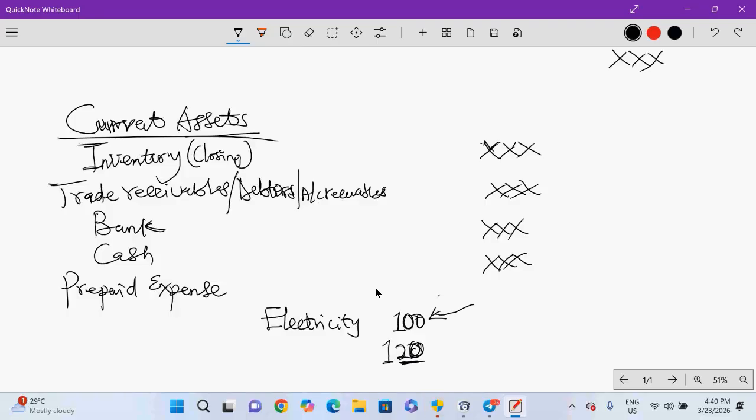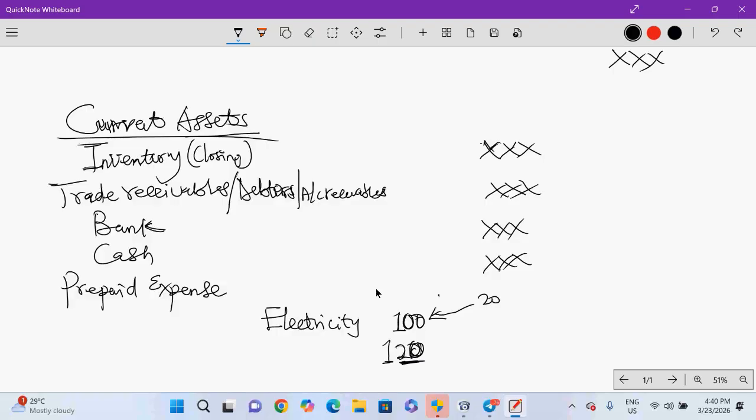You are supposed to pay 100 cedis, so they've given you electricity worth 100 cedis. But you have given them 120, so they are holding your 20 cedis, but they've not given you 20 cedis worth of electricity. So as a business, you can say, I have an asset of 20 cedis with ECG. Until they provide you with the electricity, it is an asset.